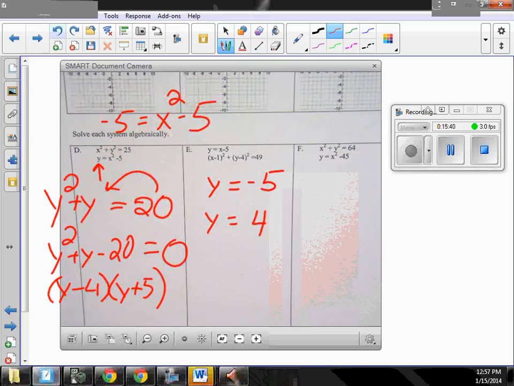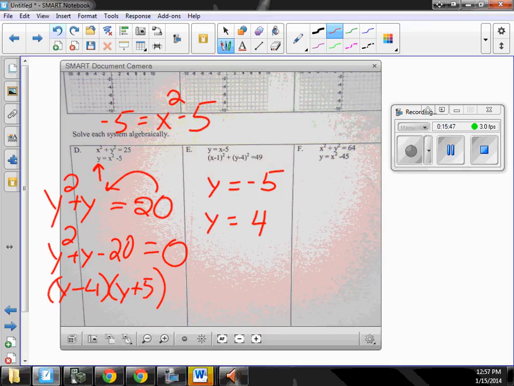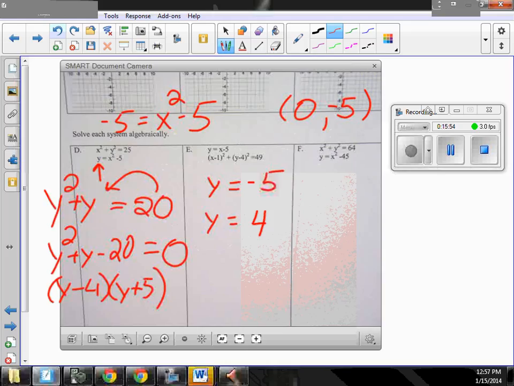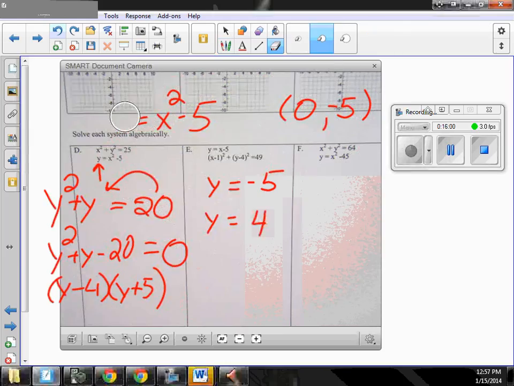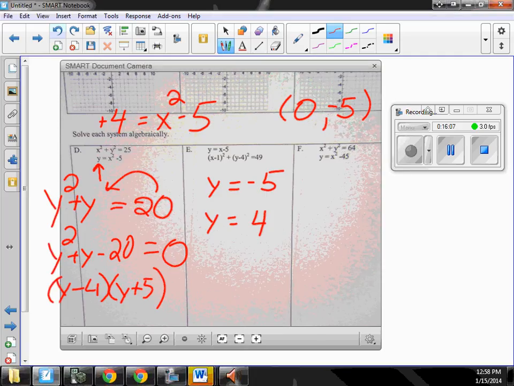The only thing that makes that true is 0. So one of my points is 0, -5. That's one of the intersection points. Now we plug in 4. So 4 equals x squared minus 5.